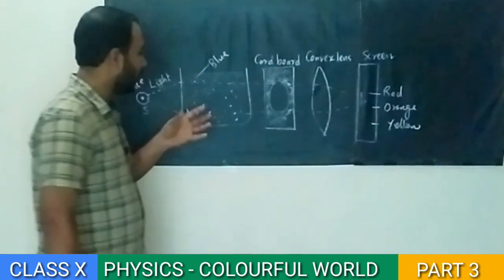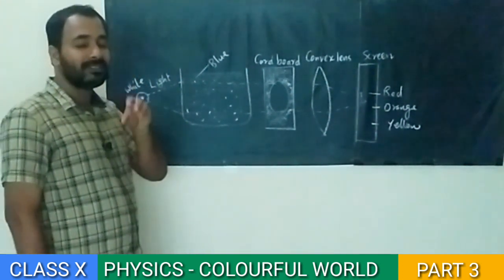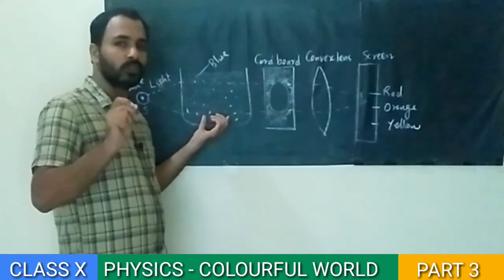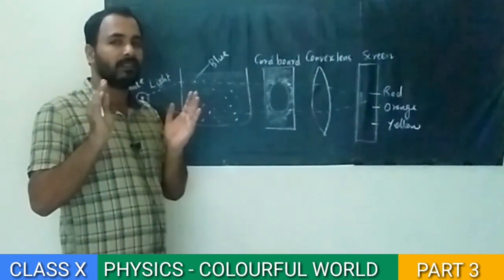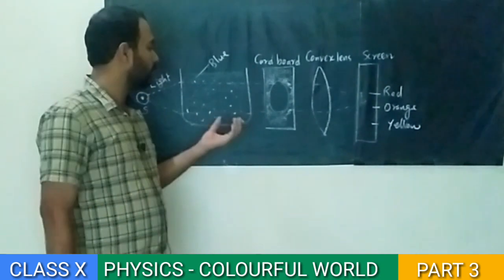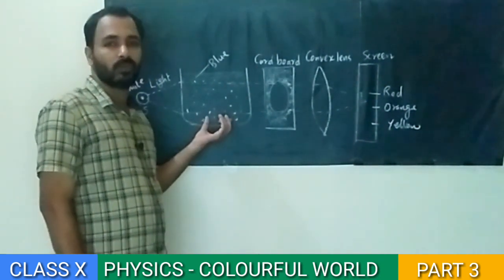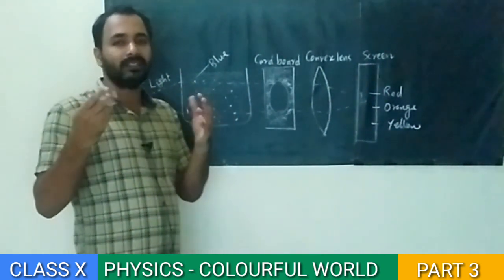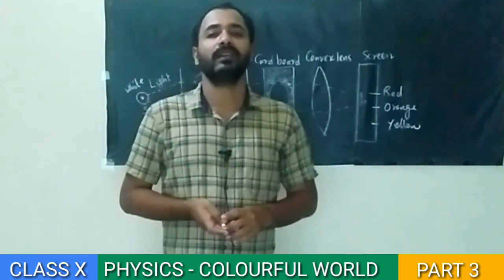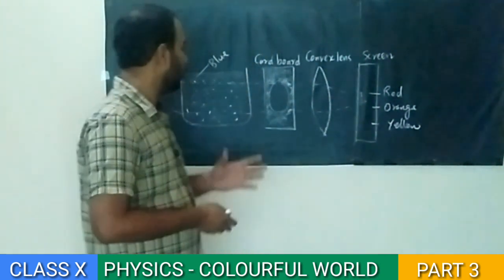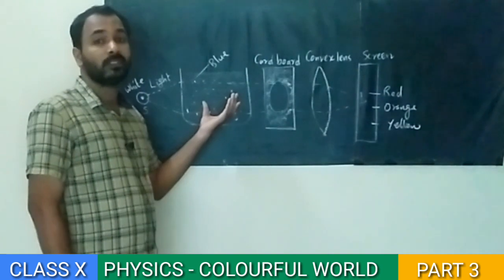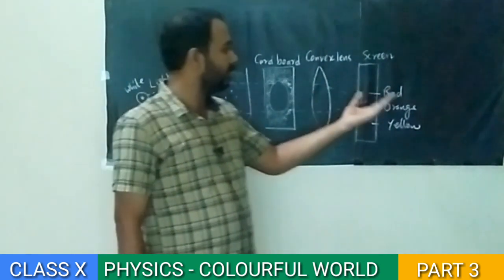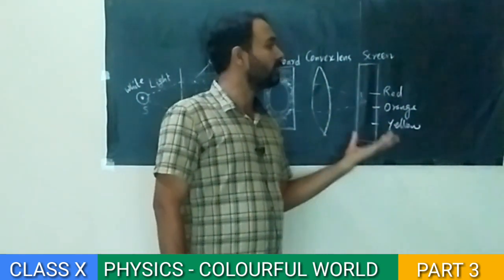On adding 1 or 2 ml of concentrated sulfuric acid to the sodium thiosulfate solution, very fine sulfur particles are formed. On striking the sulfur particles, blue color scatters more, so blue spreads in the solution, and long wavelength colors like red, orange and yellow reach the screen.